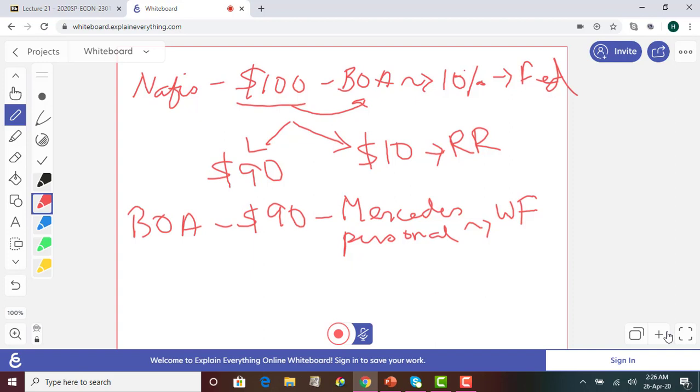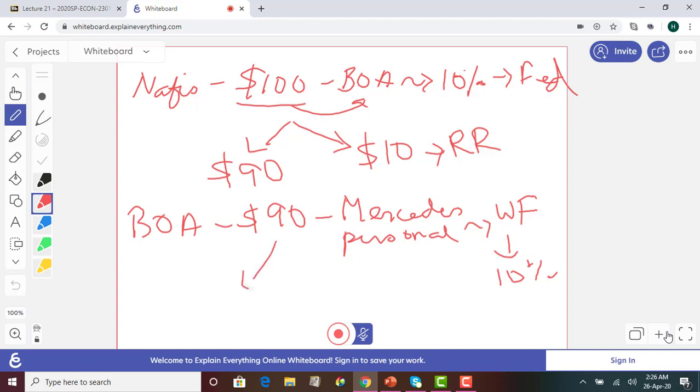When she's approved for the loan, the loan money comes into her account, and that goes into Wells Fargo. Wells Fargo also has a required reserve rate of 10% by the Fed.